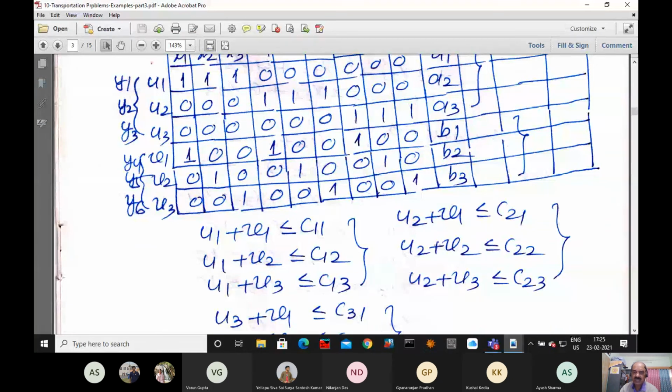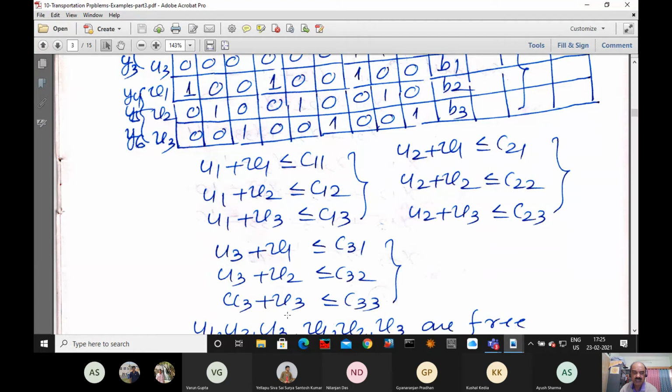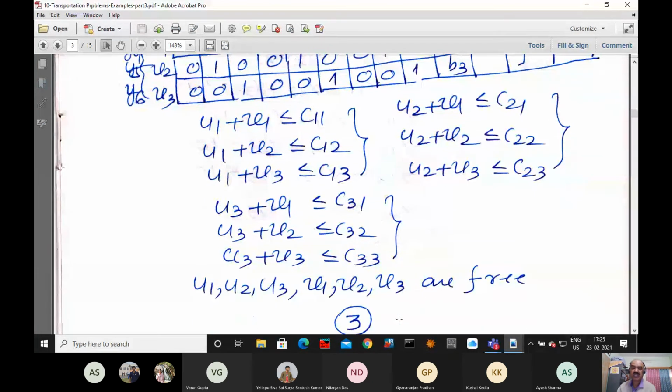Then u2 plus b1 less than or equal to c21, u2 plus b2 less than or equal to c22, u2 plus b3 less than or equal to c23. And the last three: u3 plus b1 less than or equal to c31, u3 plus b2 less than or equal to c32, and u3 plus b3 less than or equal to c33. And all the dual variables u1, u2, u3, b1, b2, b3 are free variables. Okay, this is all right?